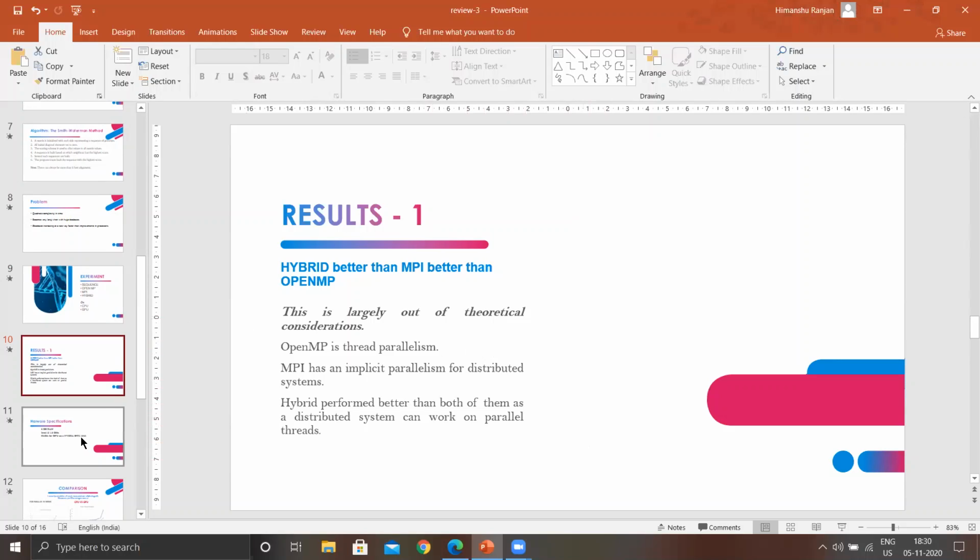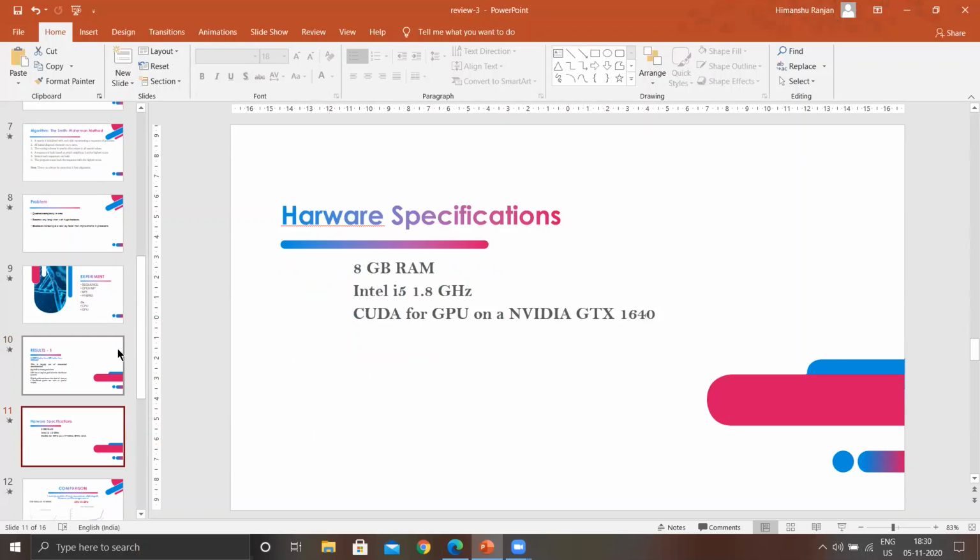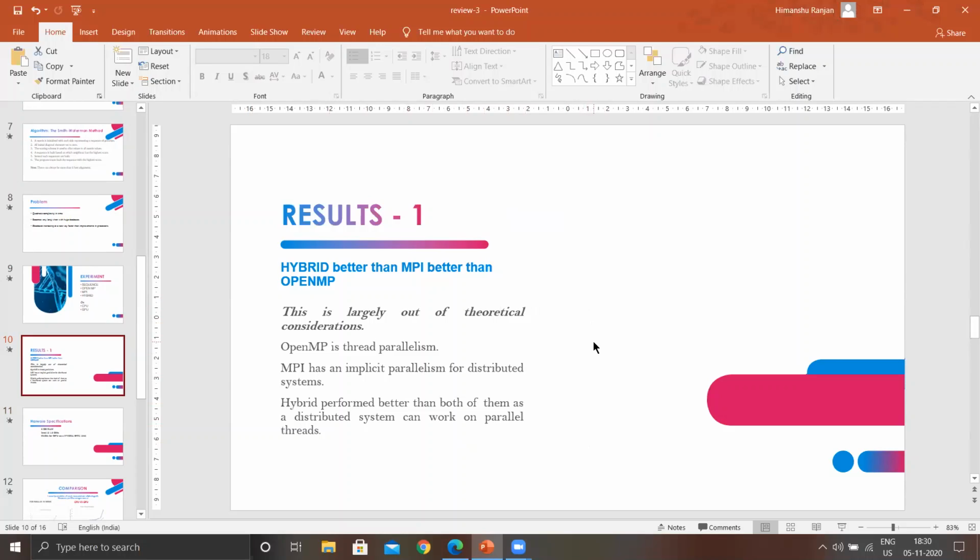Due to our limited hardware, we were unable to produce any conclusive experimental evidence. But from the research papers we studied on this subject, we realized that OpenMP is the thread implementation of parallelism, and MPI is an implicit implementation of parallelism for distributed systems.